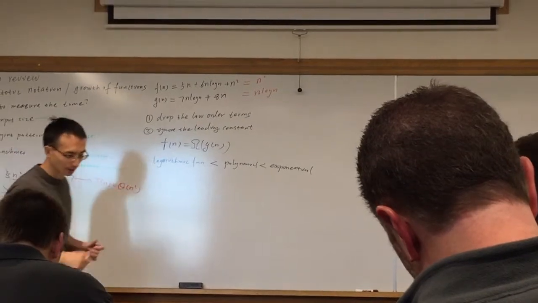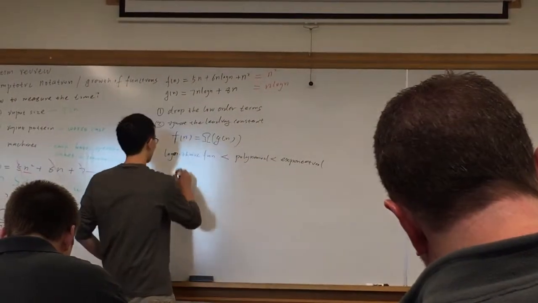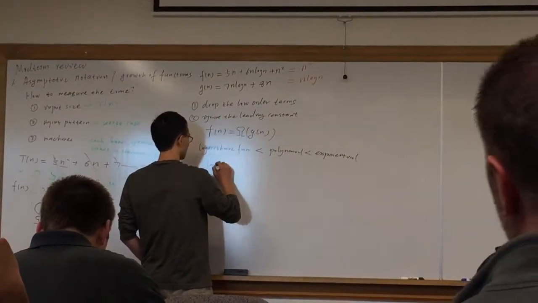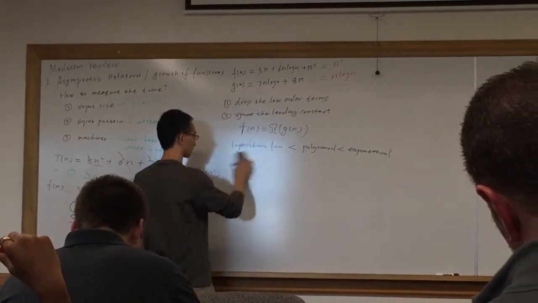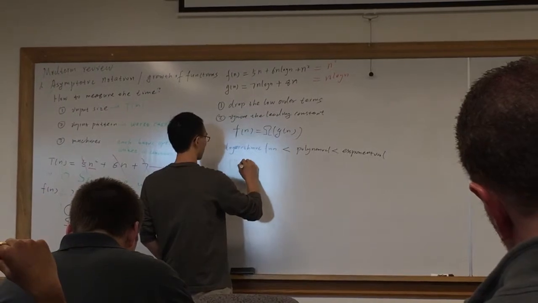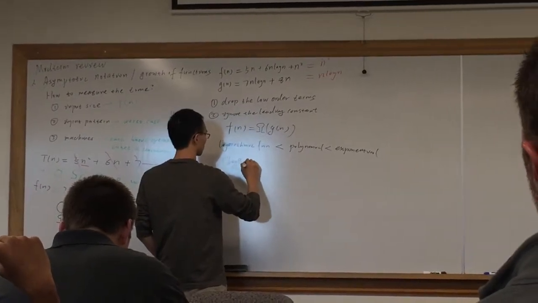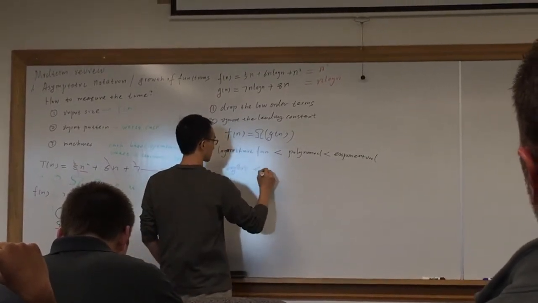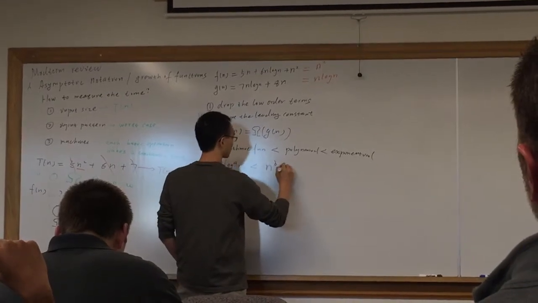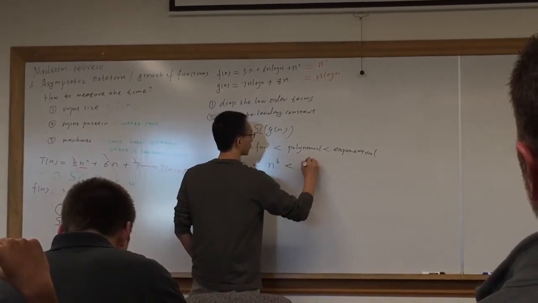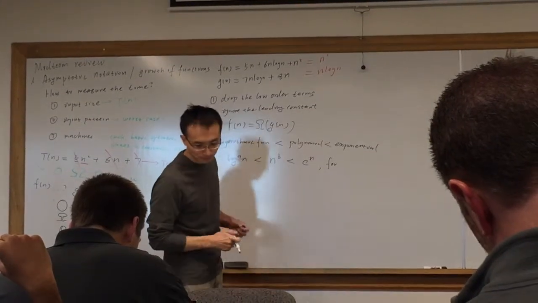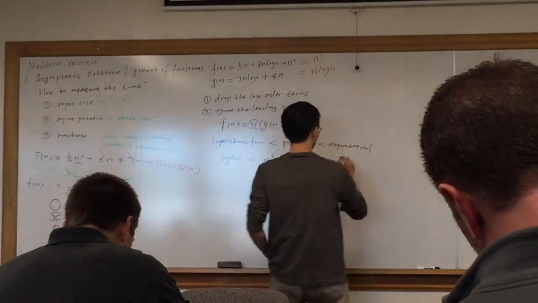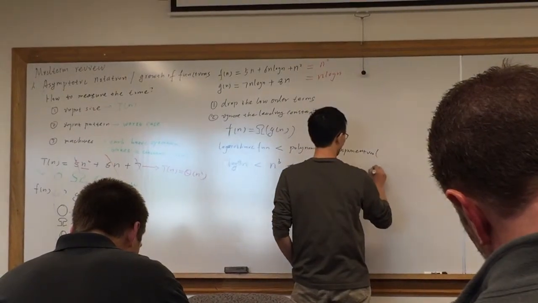In other words, log n is always less than n to the b, which is always less than c to the n, for b larger than 0.